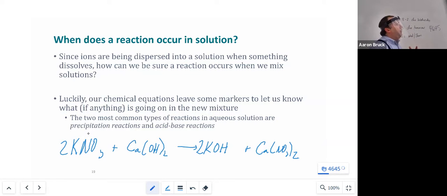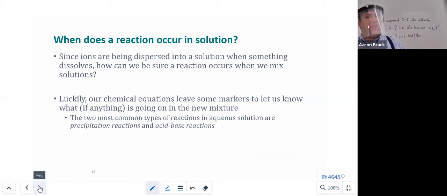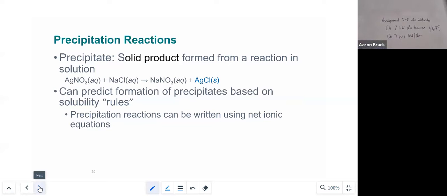Well, luckily for us, the double replacement reactions that we're interested in fall into two categories. One of them is called a precipitation reaction. The other is an acid-base reaction. For precipitation reactions, what we are looking for is the formation of an insoluble solid product.